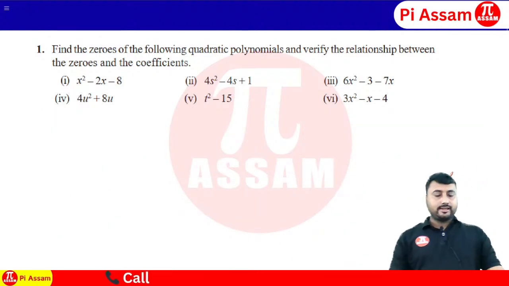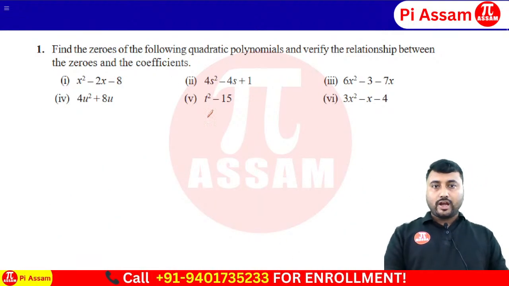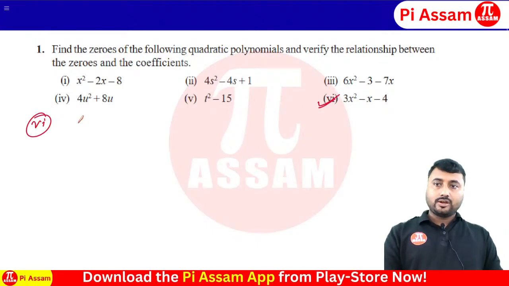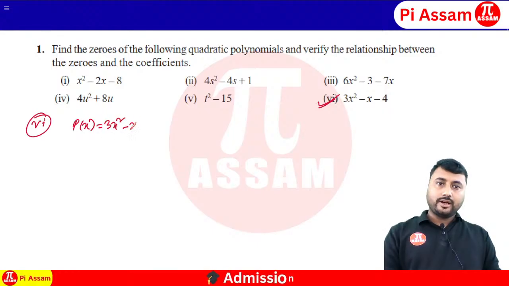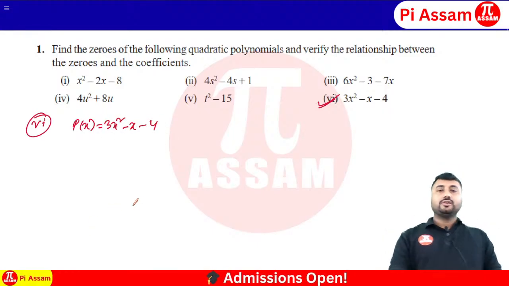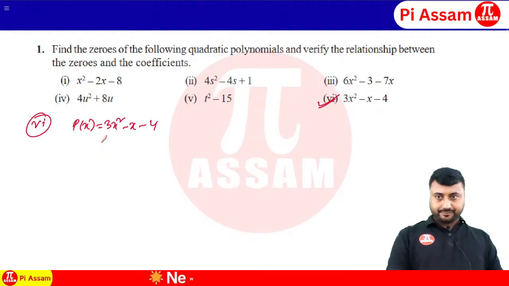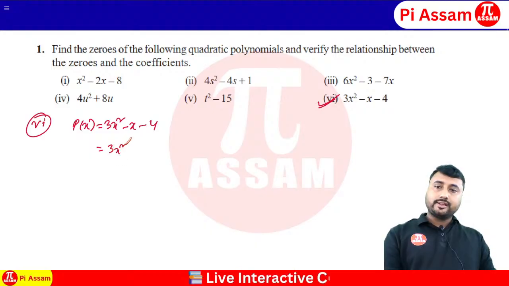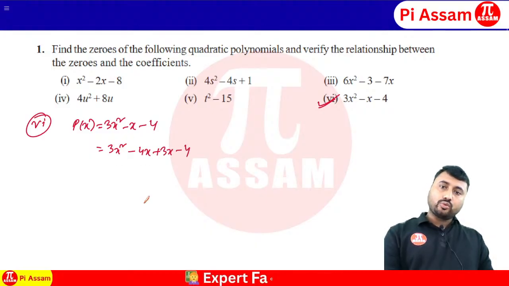So the next, last question, question number 6. This one. P of x is equal to 3x squared minus x minus 4. So here, 3 times 4 is 12, so we can write 3x squared minus 4x plus 3x minus 4, right?